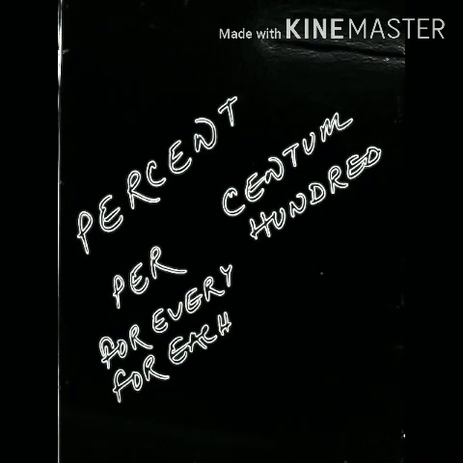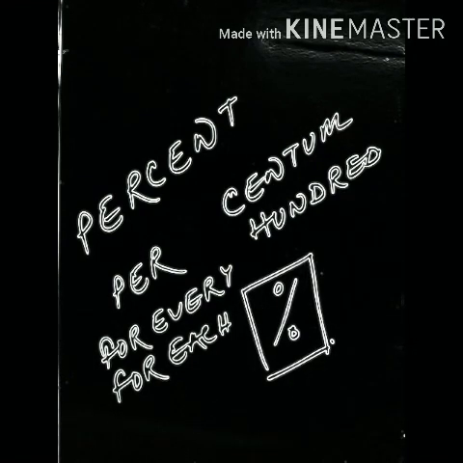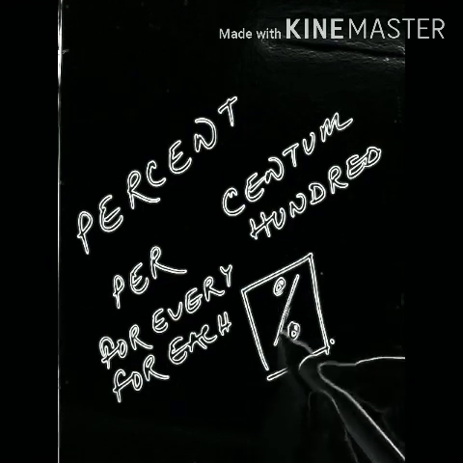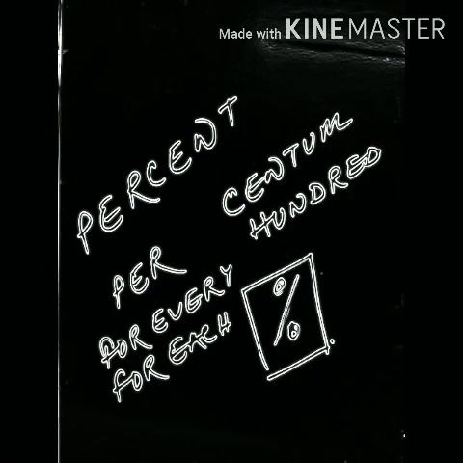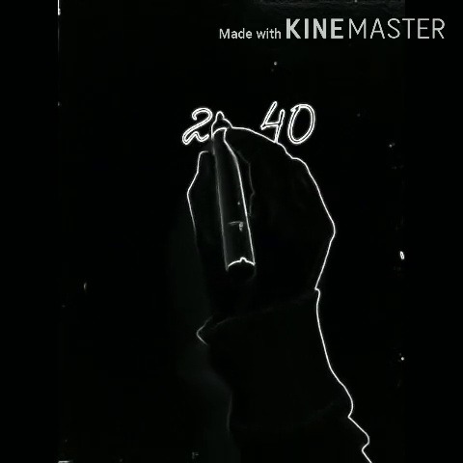The symbol of percent is this. So now I'll be giving you some explanation by taking some examples. Your teacher conducted a test for 40 marks, and out of this 40 you got 20.